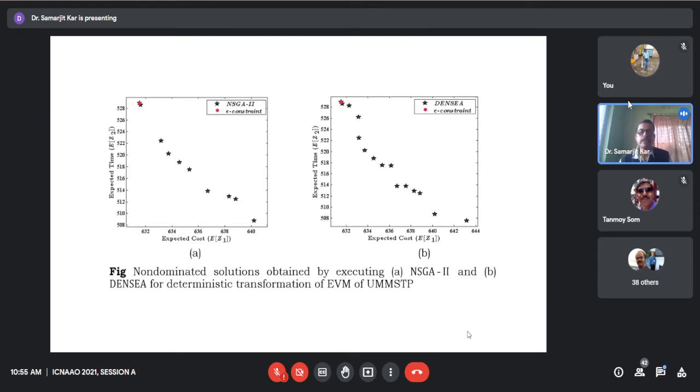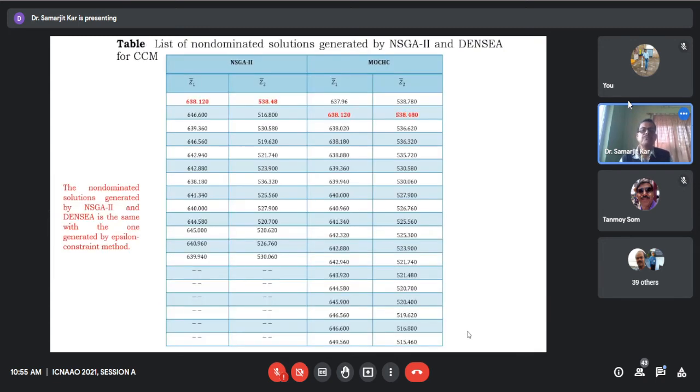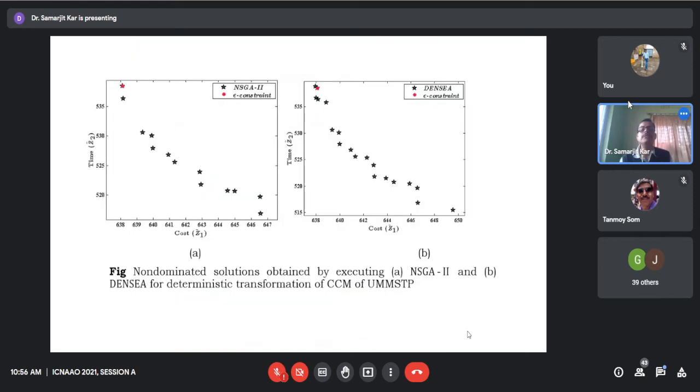Similarly, the second figure shows the solution through Densia. Here the number of solutions is more than the NSGA2. And for comparing those results, this is the solution for CCM, that means the chance constant problem. And similarly the graphical representation is also given here.